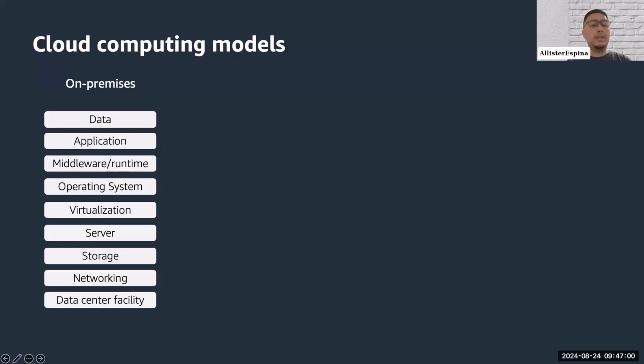Typically, in a traditional sense, with on-premises infrastructure, everything from the data center facility, meaning the space, power and cooling, even the physical security for your data centers, is managed by the organization, up to the different stacks in the technology, starting from networking, storage, server, virtualization, the operating system, some middleware or runtime, and then the application itself, and the data that you use or generate with the applications.